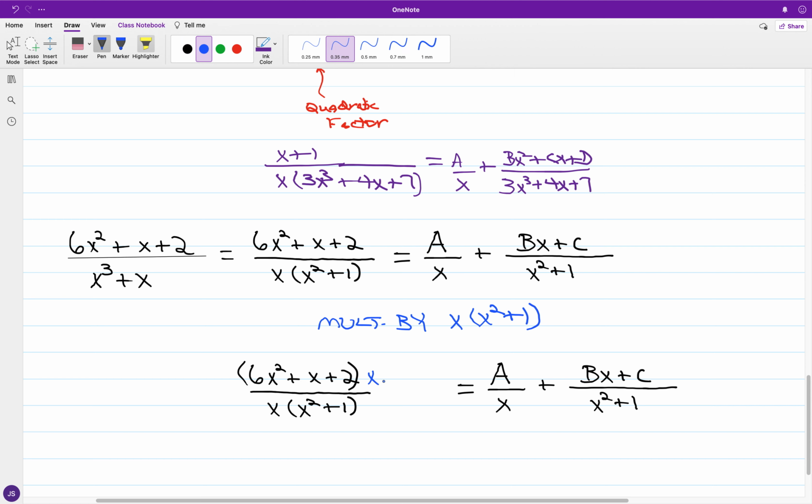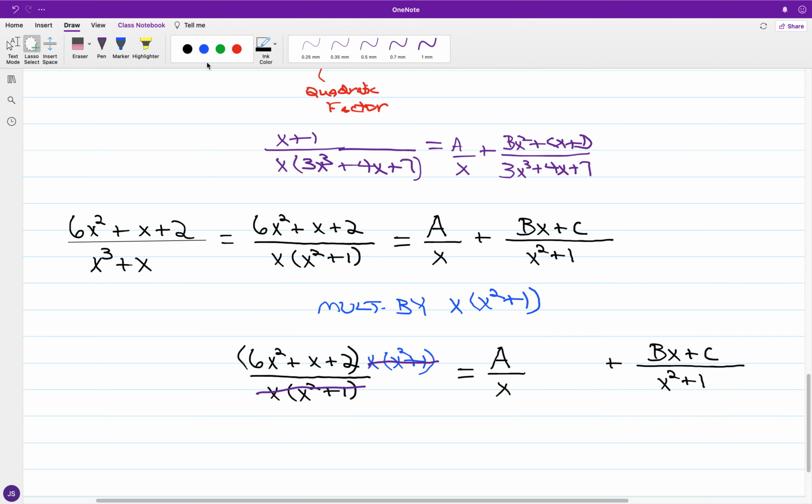For the first ratio, you're just going to have the denominator, all of x and x squared plus 1, go out. As for a over x, multiplying by x as well as x squared plus 1, the x's go out.